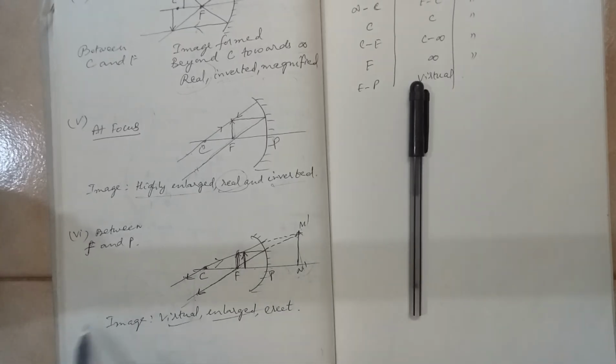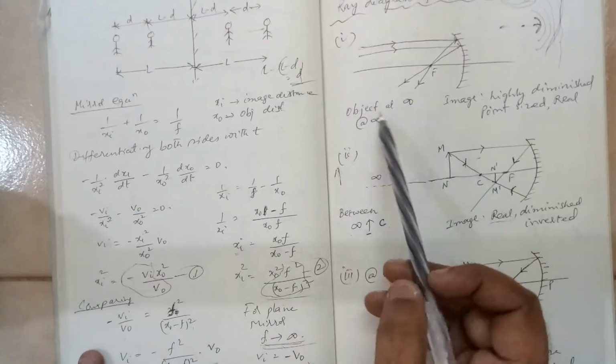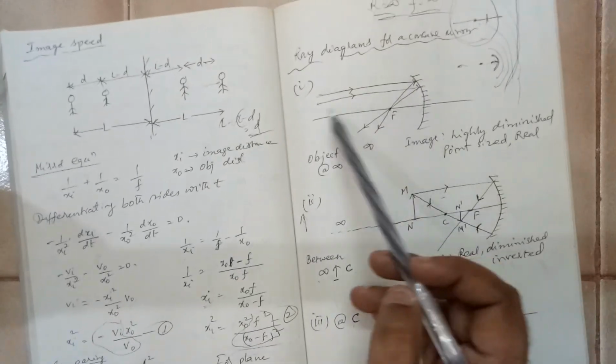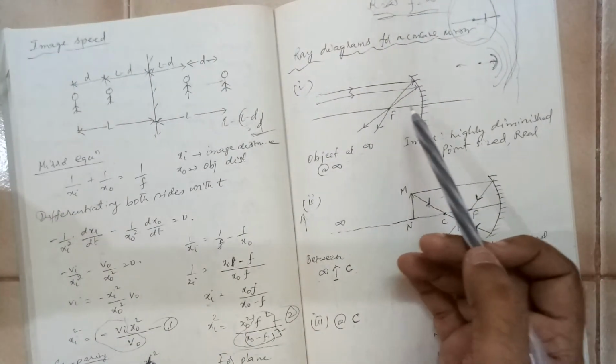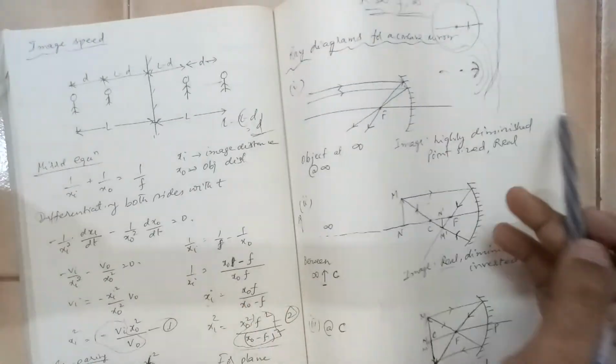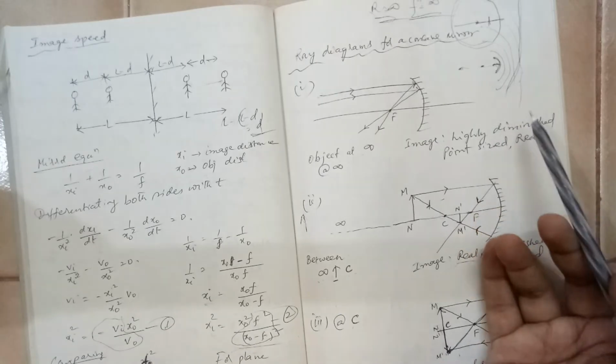These are the cases. If you carefully observe here, when you are moving from infinity, that is at a very long distance, towards the concave mirror, the image is going in the reverse direction. Only in the case between focus and pole, the image is on the other side.